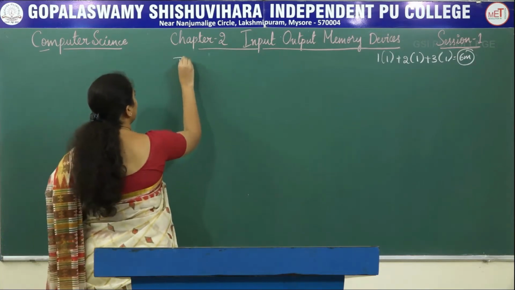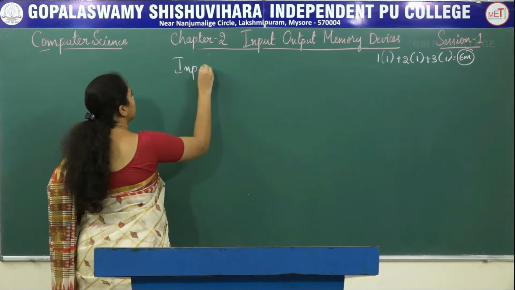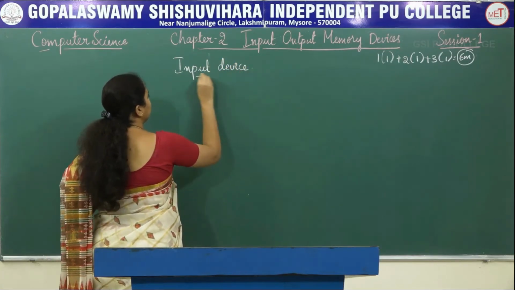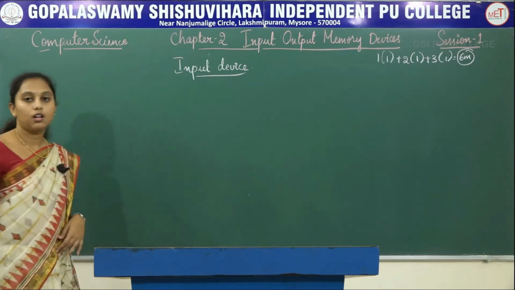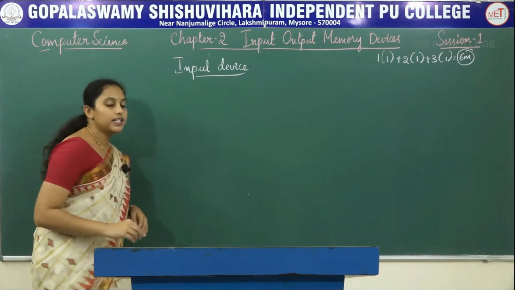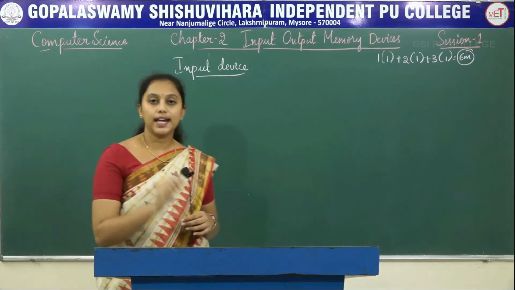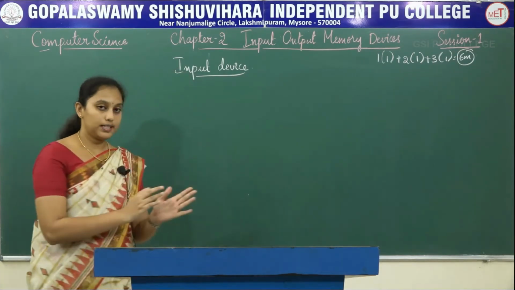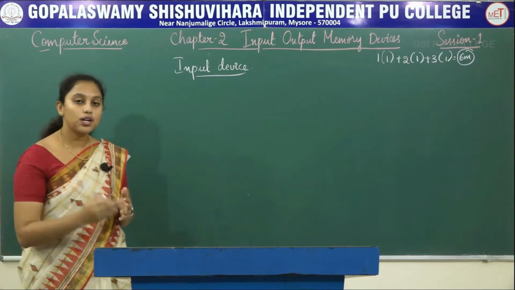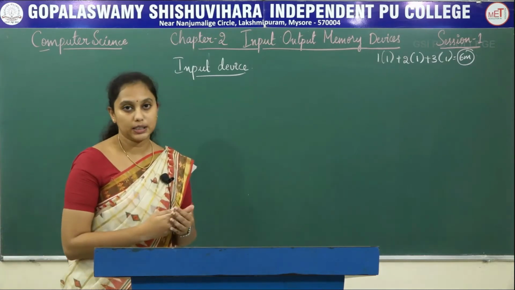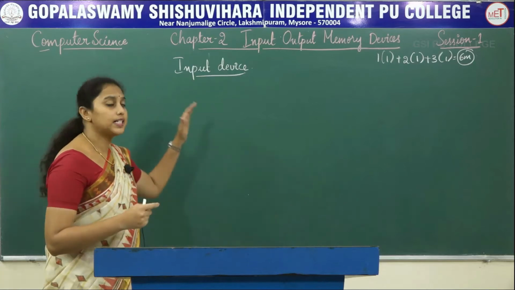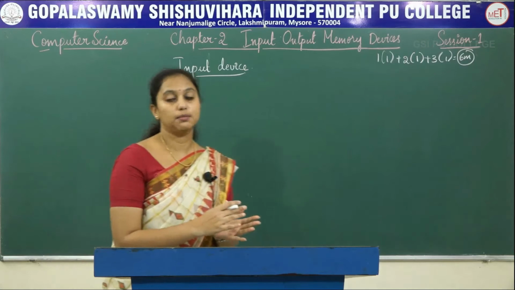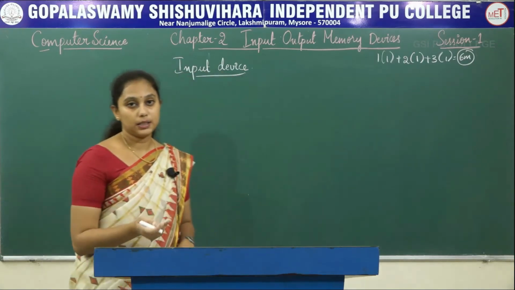What is an input device? An input device is used to feed data into the computer. The human understandable form is converted into machine understandable form. This input device is capable of converting the human understandable form into machine understandable form.